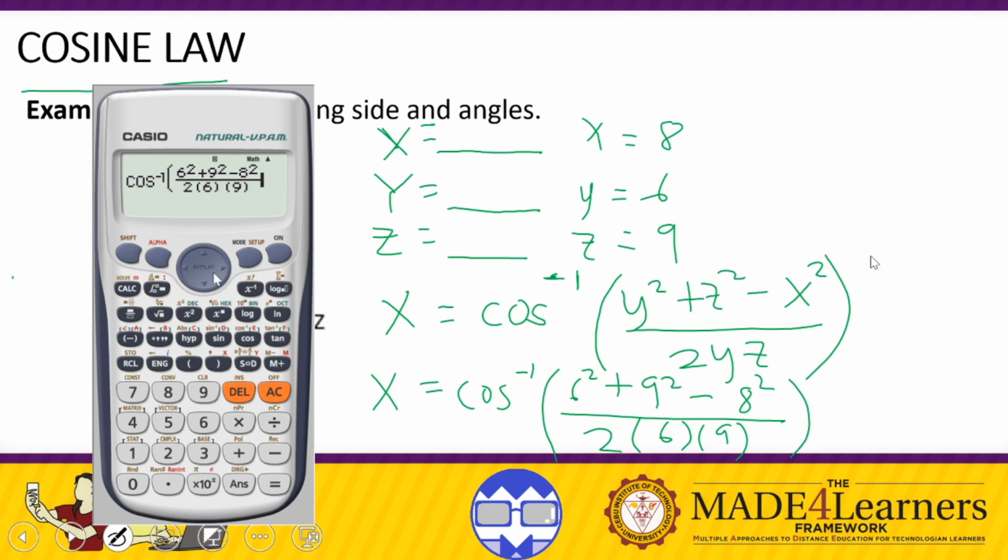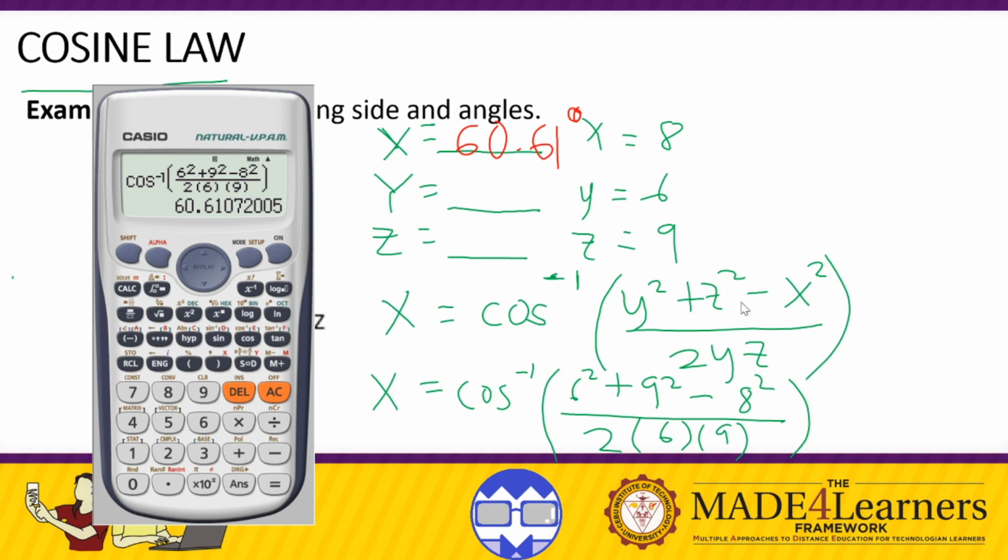Okay, then close parenthesis, then equal. So we have 60.61 degrees. So I'll write in another color. So we have 60.61 degrees for X.